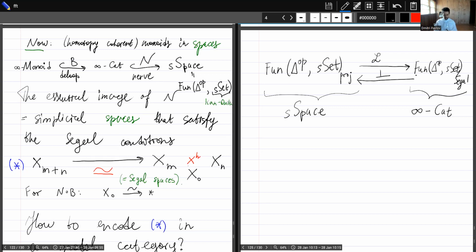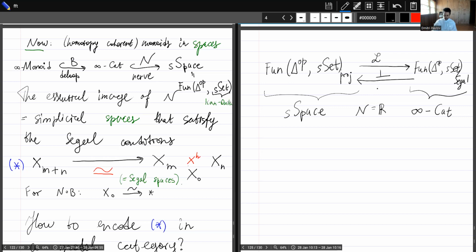And the thing to keep in mind here is that you really are interested in the derived functors here. And so one way to say what the nerve functor is, it really should be the right derived functor of this right adjoint.